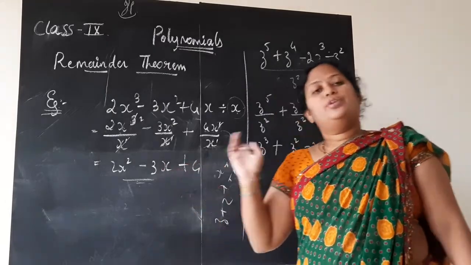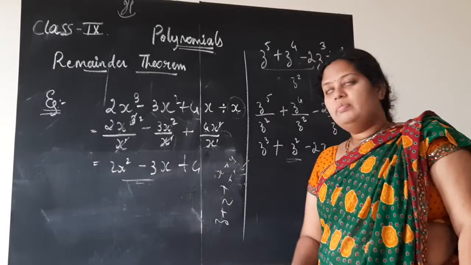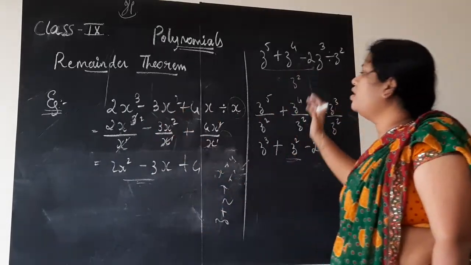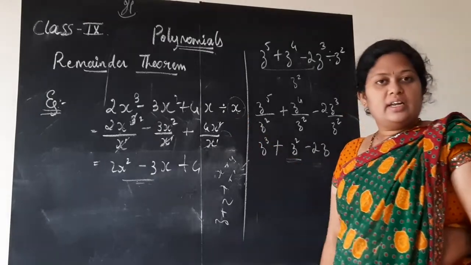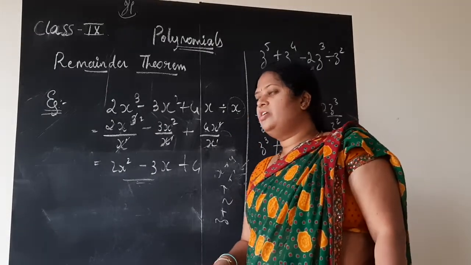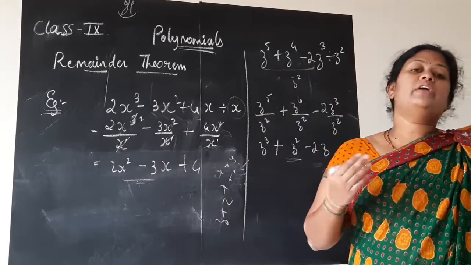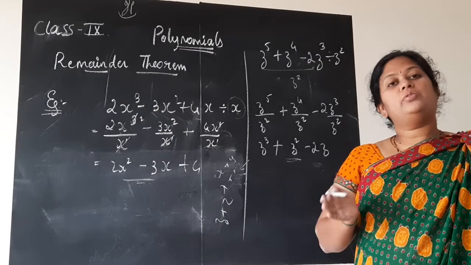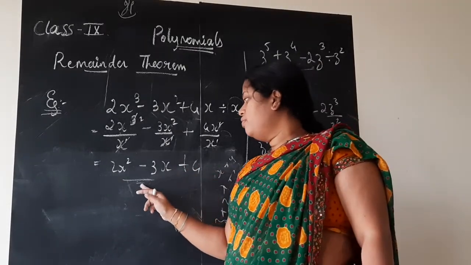This method you should remember. But under this remainder theorem, similarly we are going to divide polynomials, but with a binomial. I said in the previous session also, again I am telling you, children, you can differentiate an algebraic expression as monomial or binomial based on the number of terms.